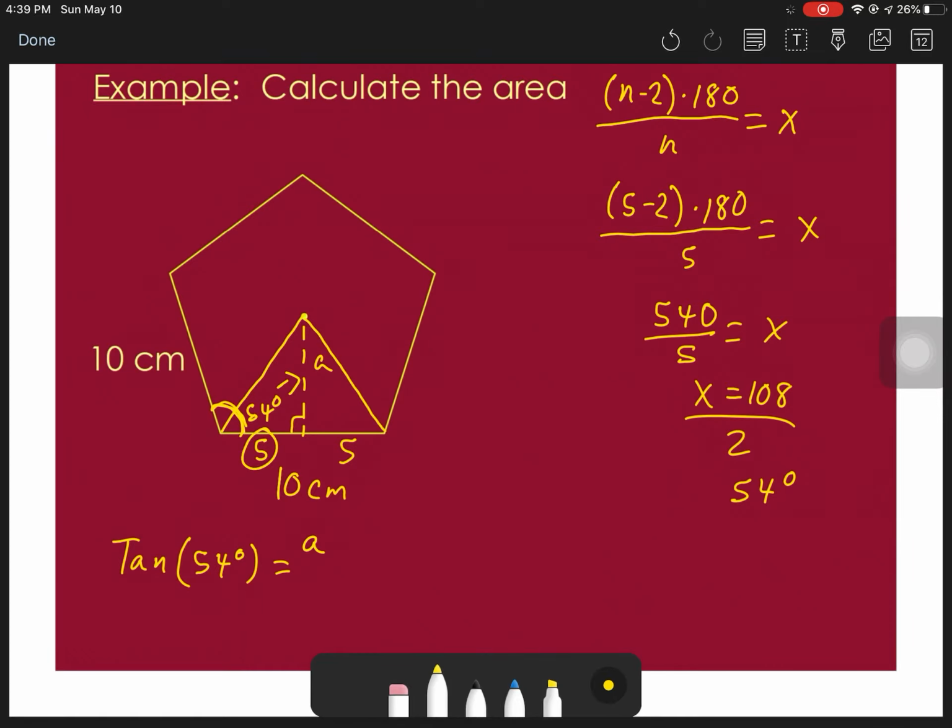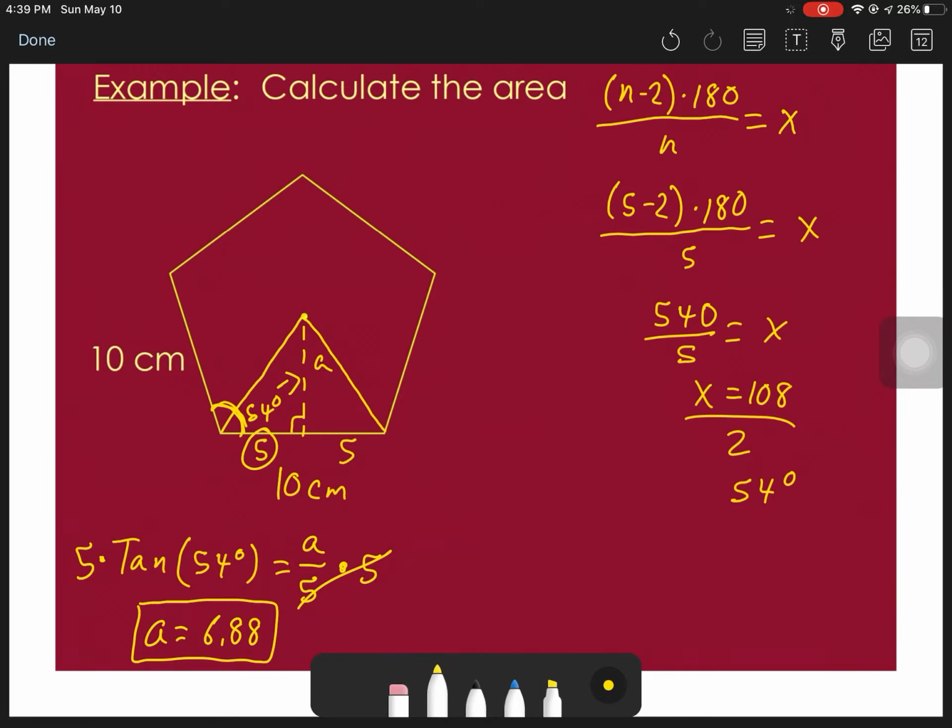The opposite side is A, the adjacent side is that 5. To solve for A, multiply by what's on the bottom. Make sure your calculator is in degrees, not radians. 5 times the tangent of 54. We get A equals 6.88.